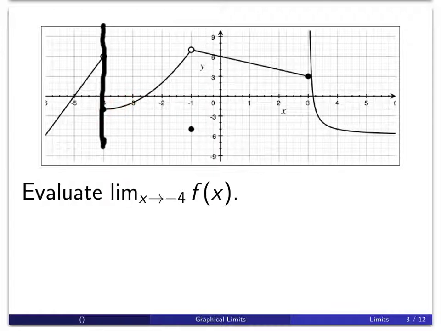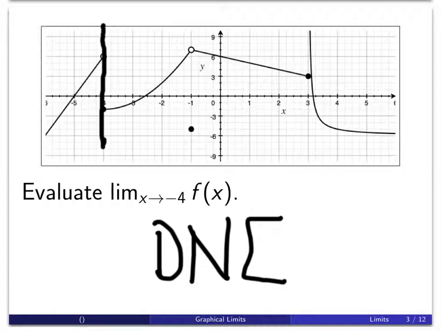We cannot approach two different values, 6 and -2. If we do, we say that the limit does not exist. So does not exist, that's what DNE will mean for us. Why didn't it exist again? Again, it didn't exist because yes, the y values on the left are approaching 6, the y values on the right are approaching -2, but 6 and -2 are not equal to each other, and therefore the limit does not exist.